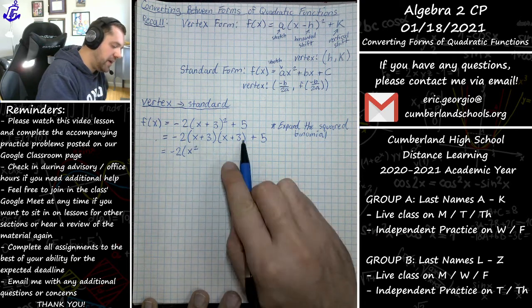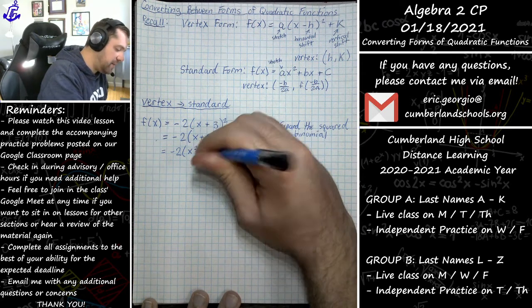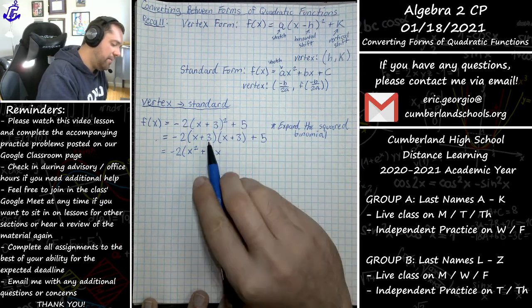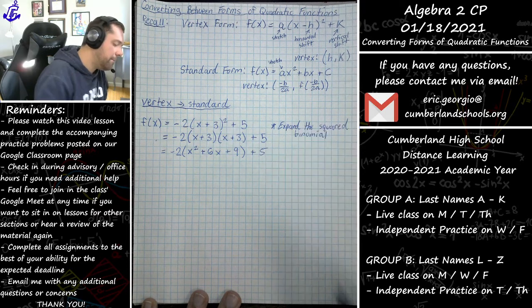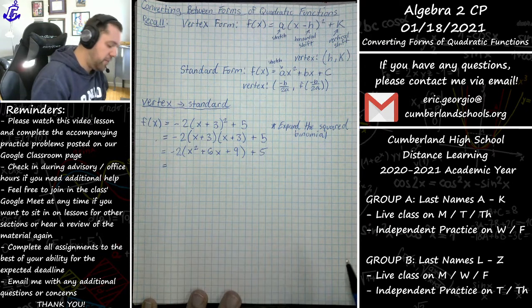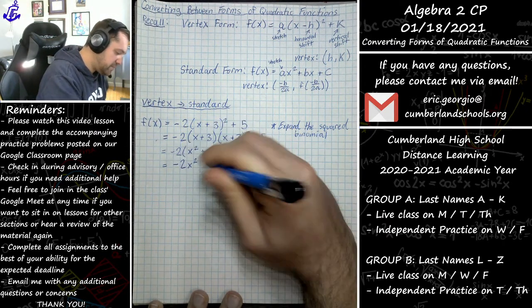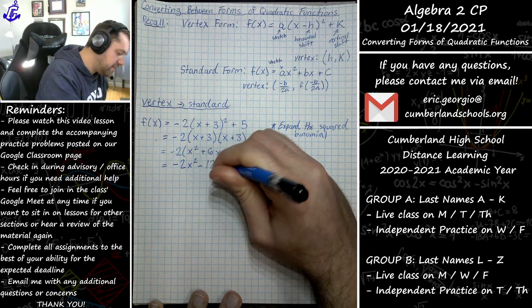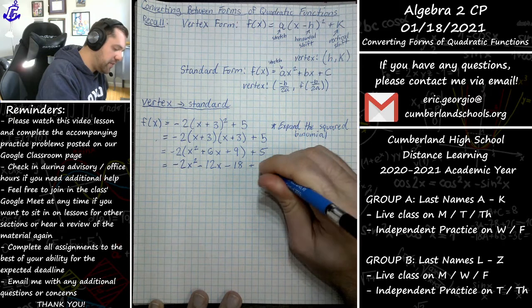See how the outer multiplication would be plus 3x? The inner multiplication would be plus 3x, so I'll skip to say plus 6x. And then 3 and 3 is plus 9. Then let's take that negative 2 coefficient on the outside of the parentheses and distribute it everywhere. We're going to get negative 2x squared minus 12x minus 18. And then our lingering plus 5 is here.